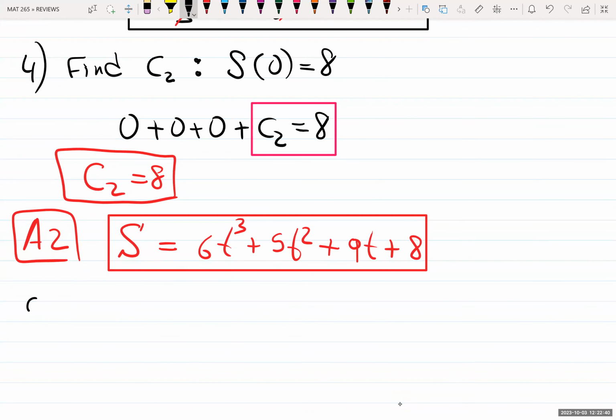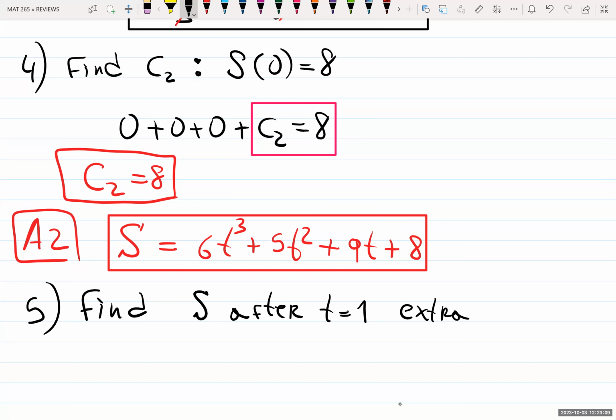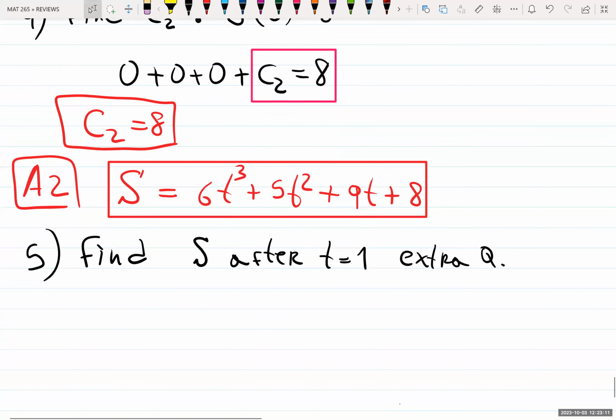Question number 5. Find S after 1, whatever the unit, minutes or seconds. The particle was moving, velocity time t. Oh, it doesn't even give you any unit. Okay, whatever. After t equals 1. That's like an extra question. In case they ask you, make sure you know what to do.